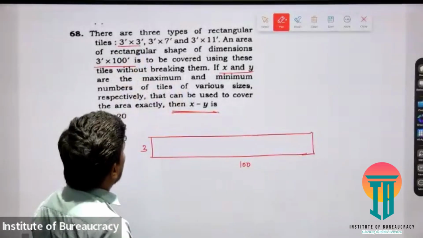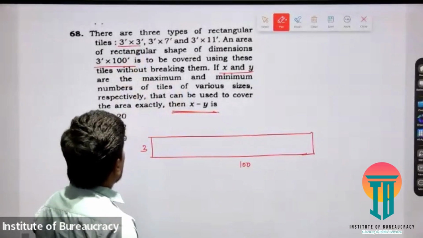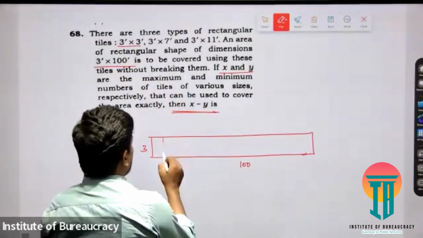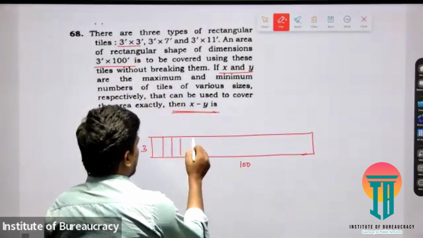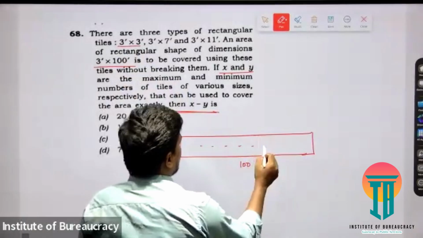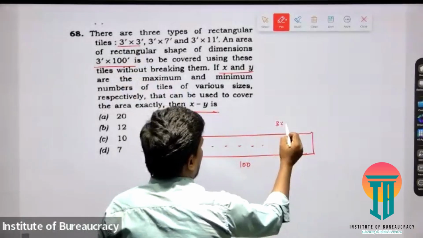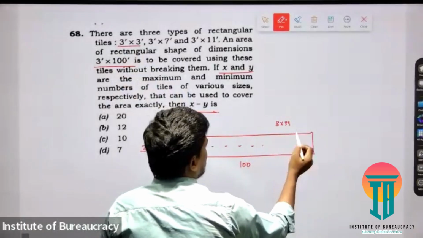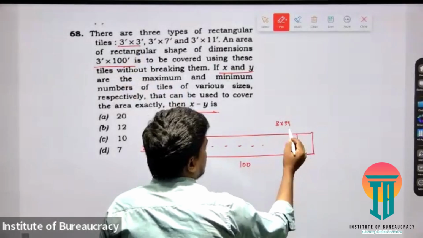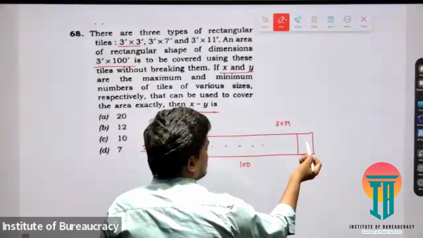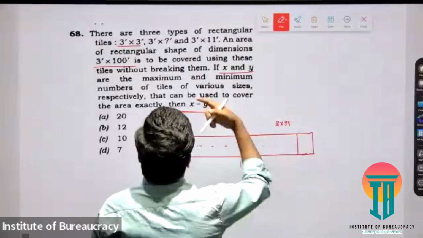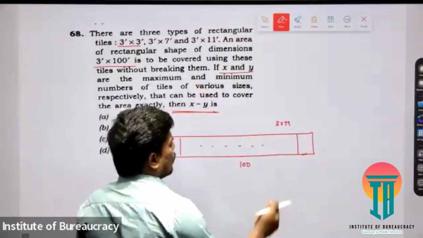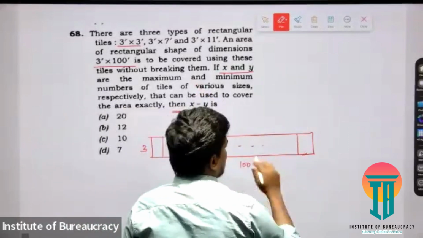How many times can you use 3 by 3? I can use 3 into 99. The last part would be 3 into 1. That possibility is not there. Therefore, this is not possible.